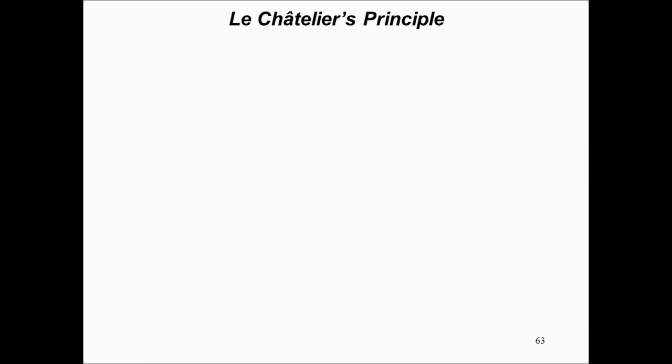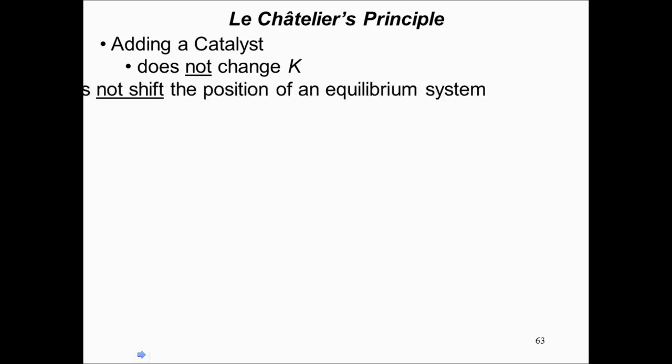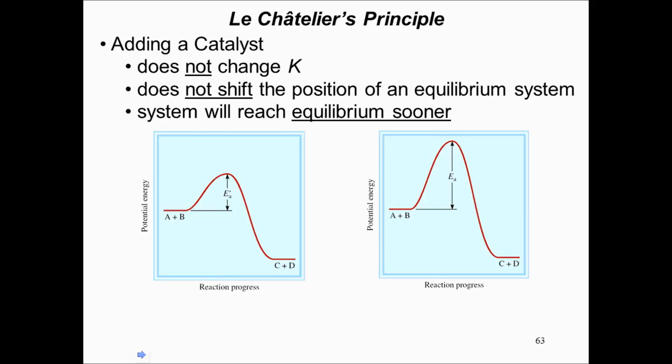Slide 63, Le Chatelier's principle continued here. What happens when you add a catalyst? Catalysts do not change an equilibrium constant. They do not shift the position of that equilibrium system. All it does is help that system reach that equilibrium sooner. So here's your reaction with your activation energy under the hill there.